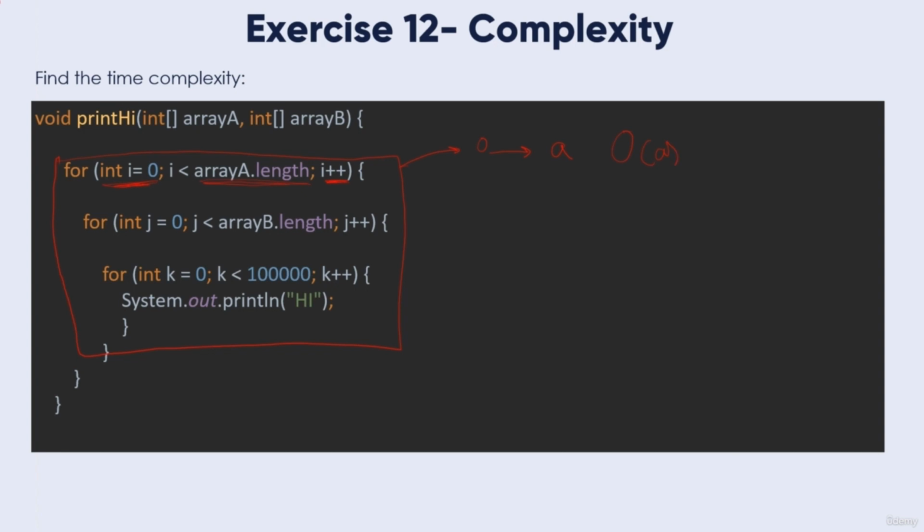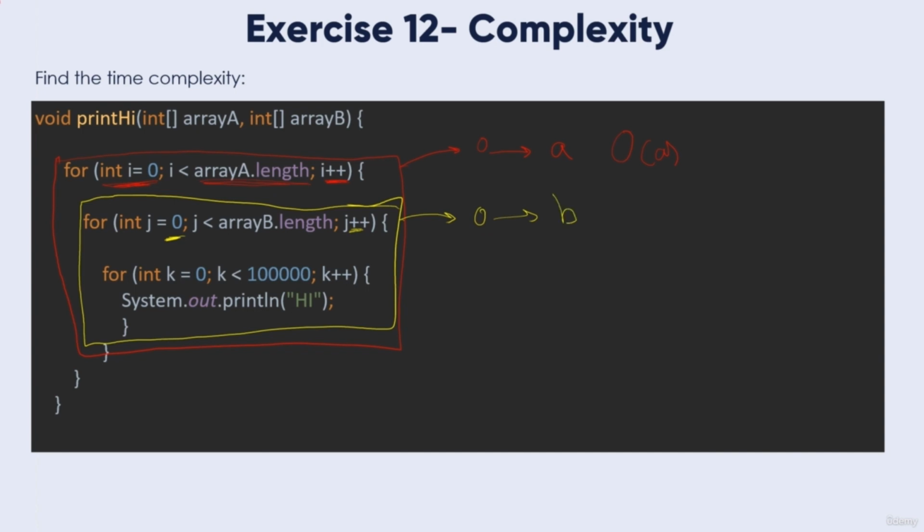Now, the inner loop is here. This will go through all elements from j equal to 0 to j less than b.length. And the way of increment is j++. Okay?